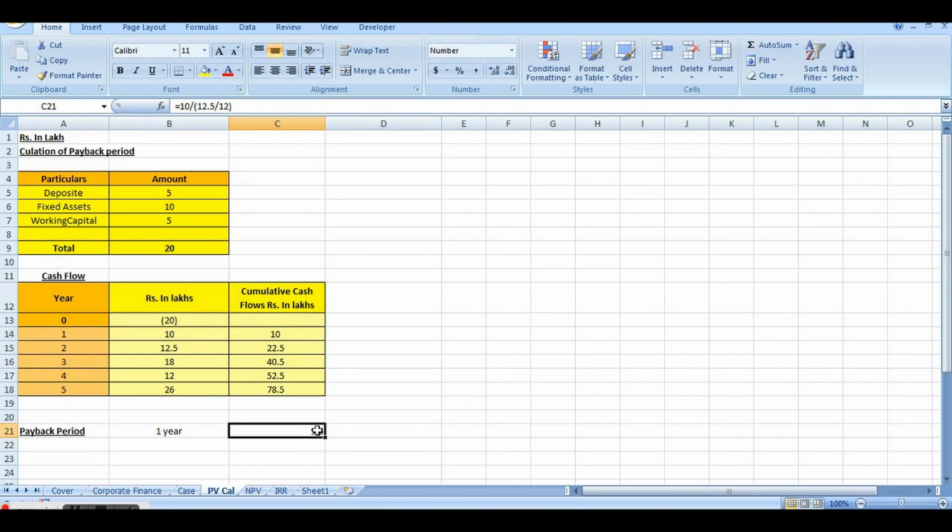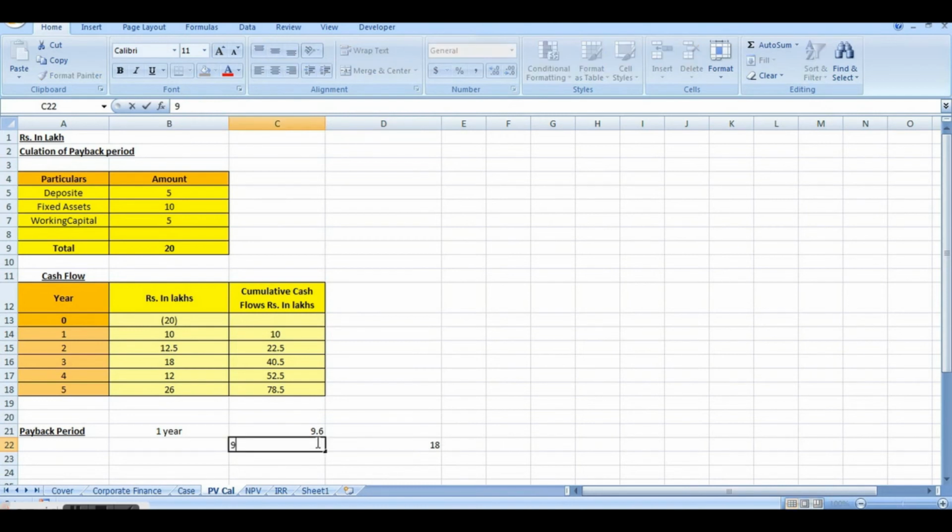You can convert it into days as 9 months and 0.6 months. 0.6 months will be 0.6 into 30, 18 days. So we can simply say this is 9 months and 18 days.